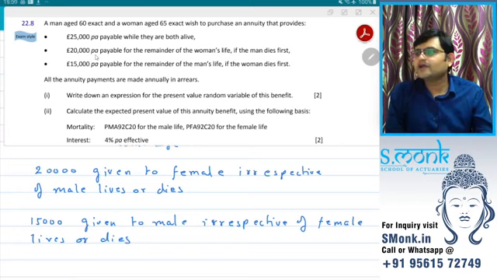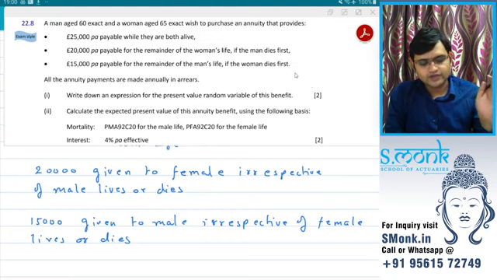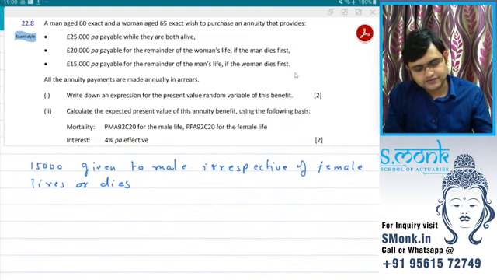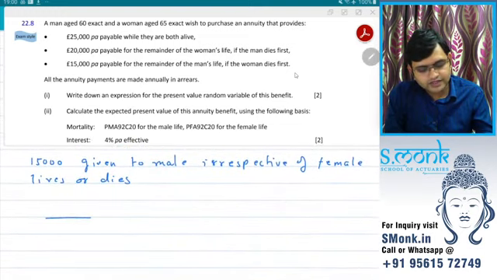Now here I have made a condition where they are not related to the other's death. We are saying 20,000 given to female irrespective of male's life and 15,000 given to male irrespective of the female's life. So what are we getting here?